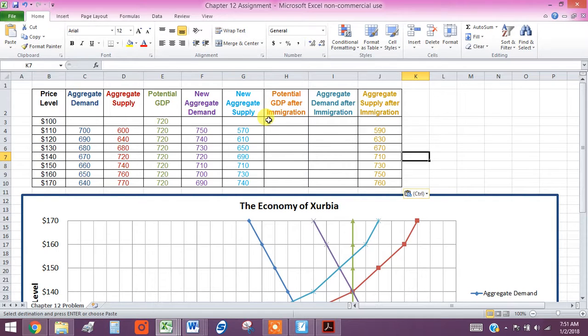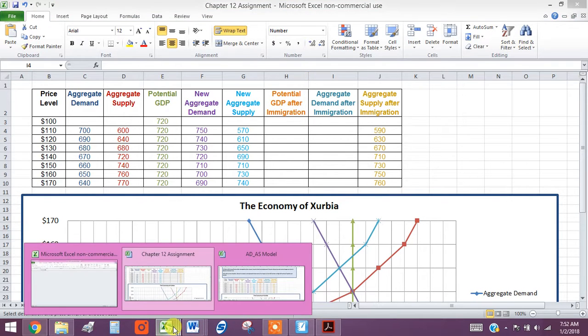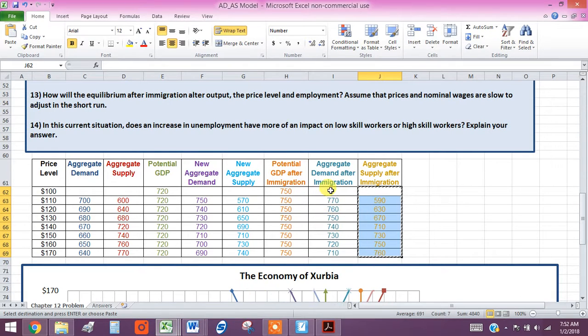Now we also know that our aggregate demand is going to shift right, which means we're going to demand more at every price level. So it's going to go up from here 20. So this should actually be 770 right here. Let me make sure I'm not saying anything wrong. Yes. So this is going to go up 20 at every level from this blue-green line.